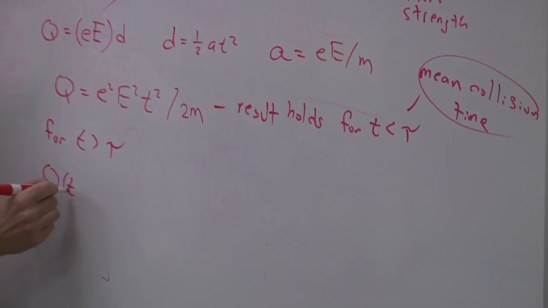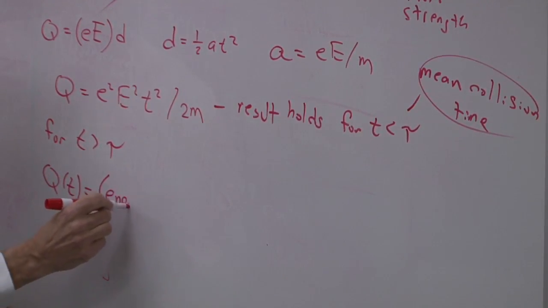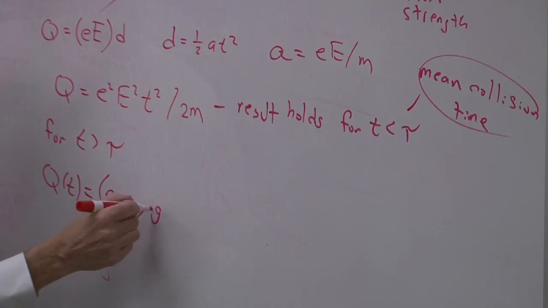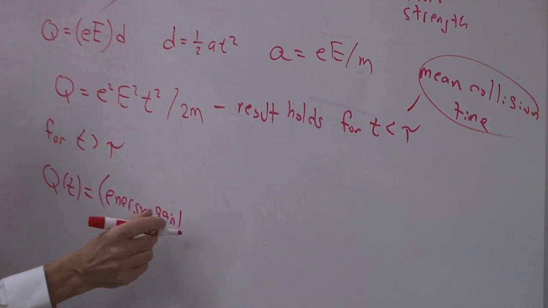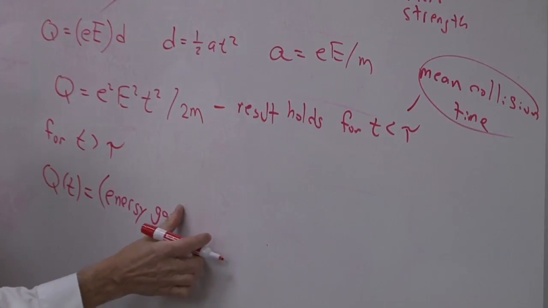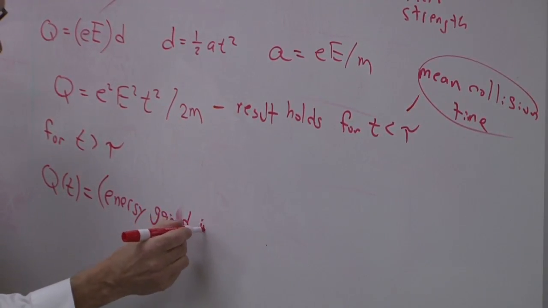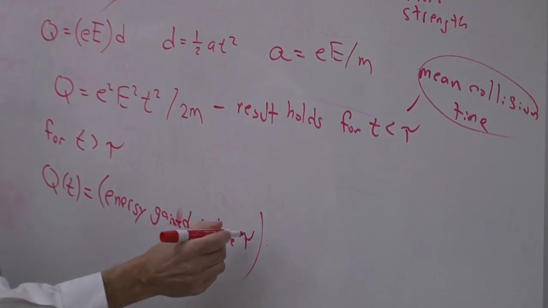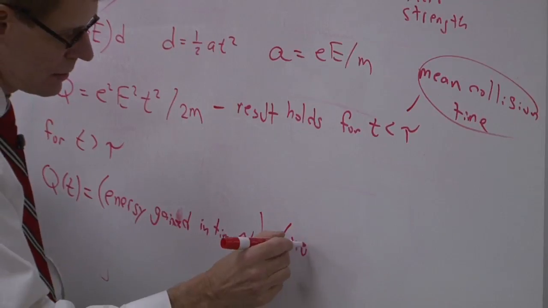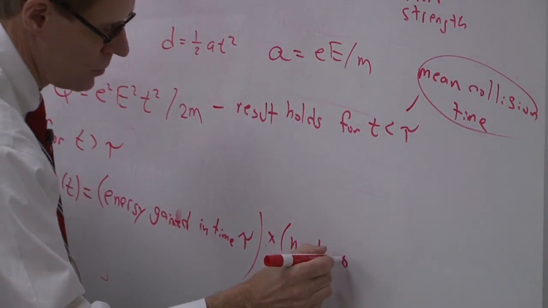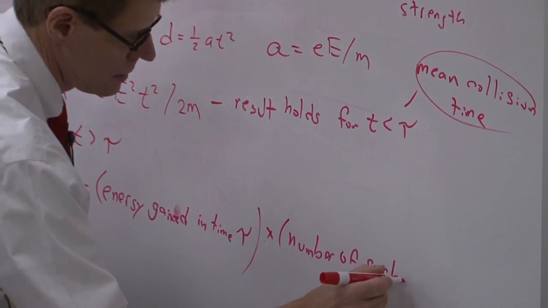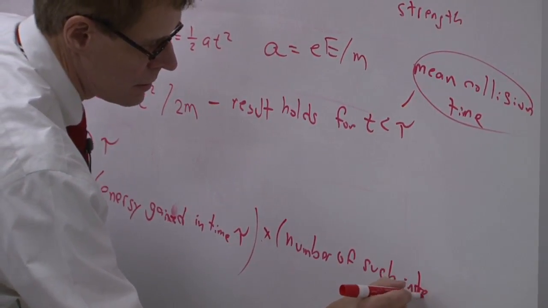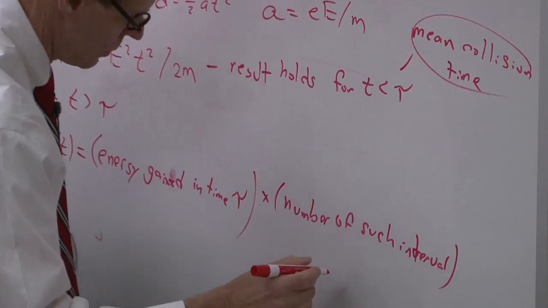Well, we can argue that the energy that it will acquire by time t is the energy gained in time tau times the number of such intervals.